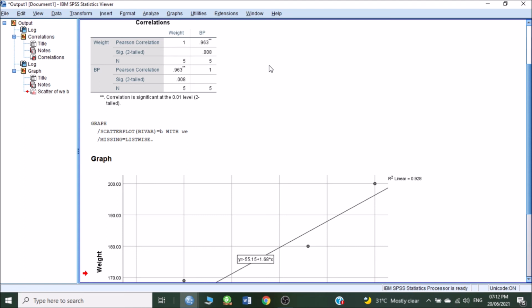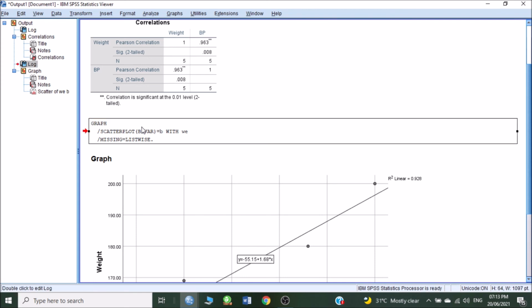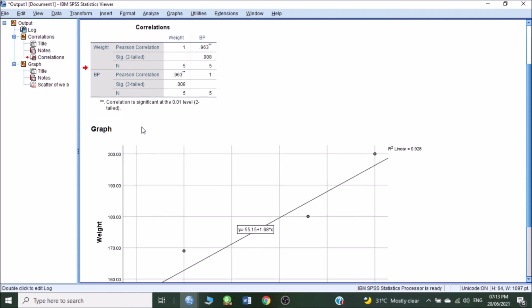So hopefully right now you understand in detail the relationship between weight and blood pressure. There is a strong relationship between weight and blood pressure. Based on this problem, we come to know we must reduce our weight, then only can we reduce our blood pressure.